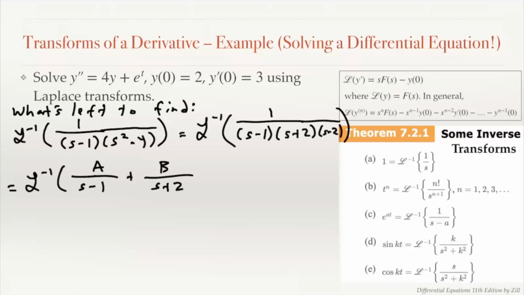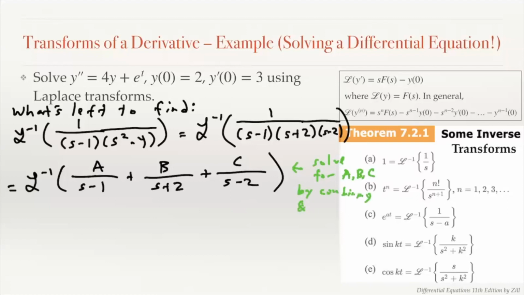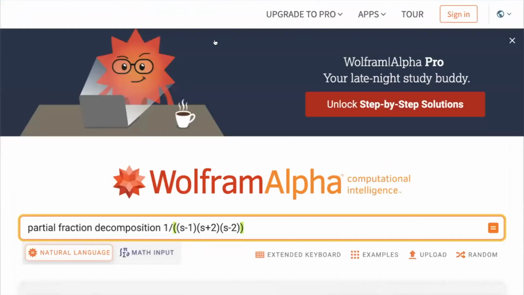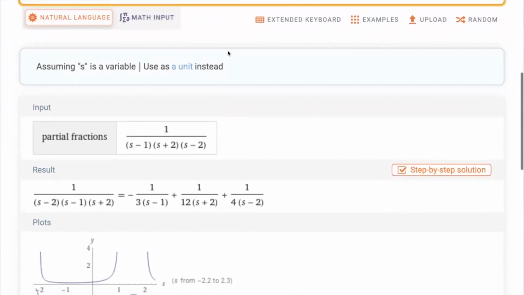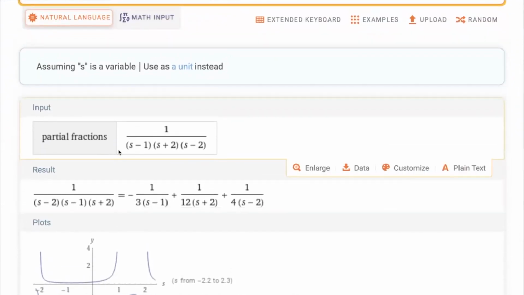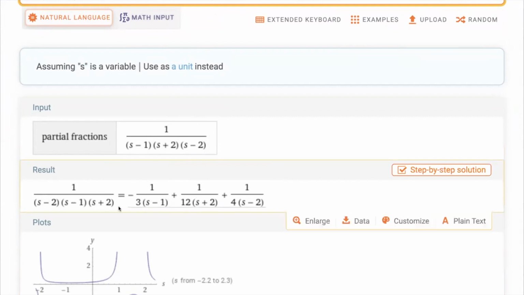It's just now we have 3 constants up there instead of 2 that we need to solve for, which we solve for by combining and equating coefficients, same as always. And I trust that we know how to do that in theory. It can just be somewhat tedious. I'm going to ask Wolfram Alpha, and you can always use this to check your work. The partial fraction decomposition of that is that.